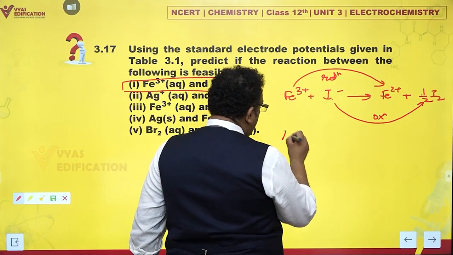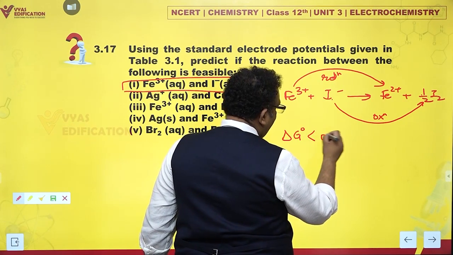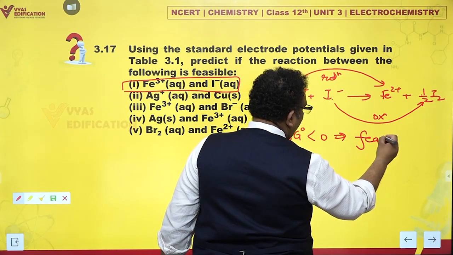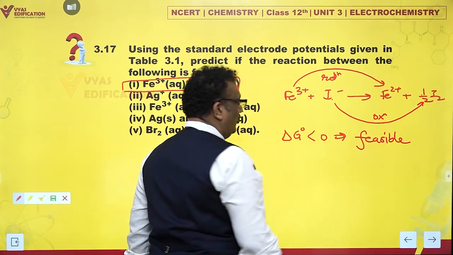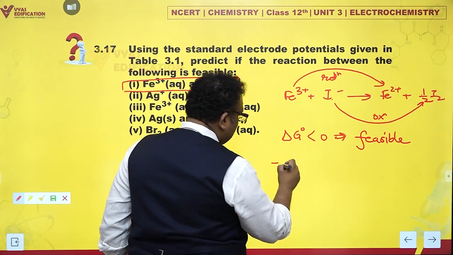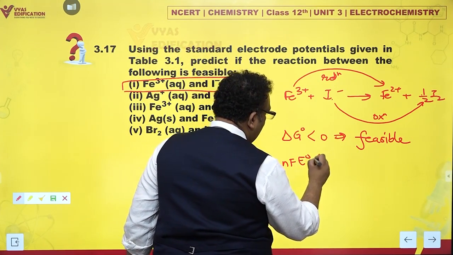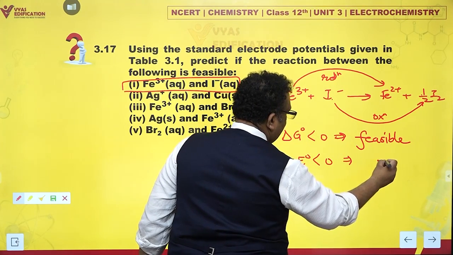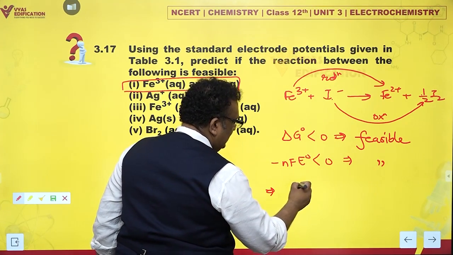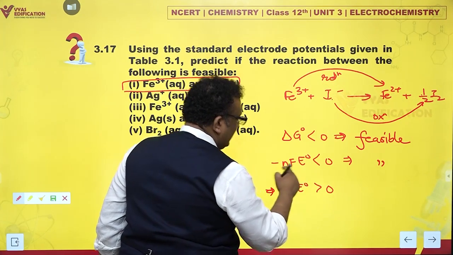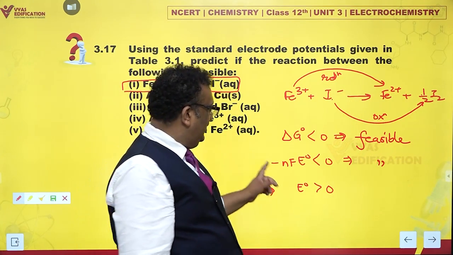How exactly? Delta G naught negative implies feasible. But delta G naught is minus nFE naught. That should be negative. That means E naught should be positive because n and F are always positive.